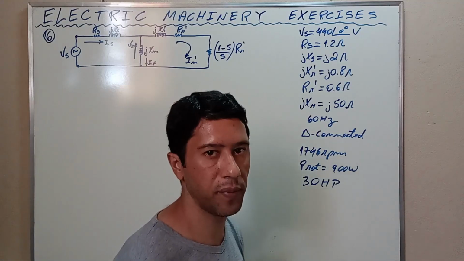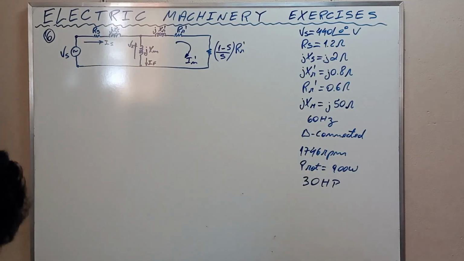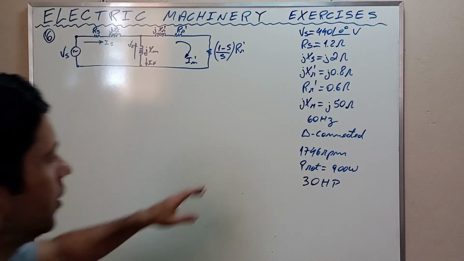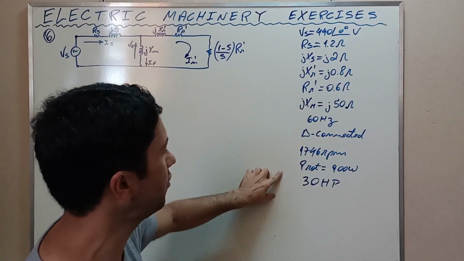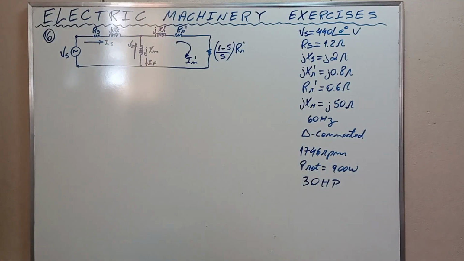Induction motor performance. A certain 30 HP 4-pole 440 volts 60 Hz 3-phase delta connected induction motor has the following parameters. The exercise provided this data here. Under nominal load, the machine operates at 1746 RPM and has rotational losses amounting to 900 watts.